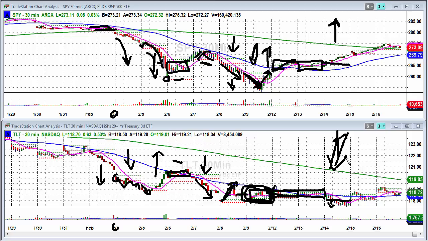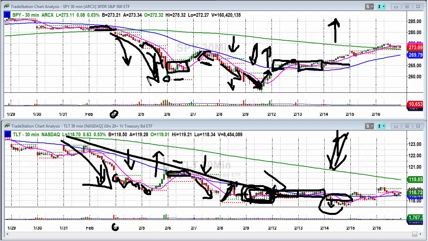What makes this significant is that this is telling you the up day in stocks with a down day in bonds is, and not only is it a down day in bonds, it's a new low of this whole move in bonds, right? So back here when bonds were up this high and falling pretty sharply, stocks reacted severely to the downside.